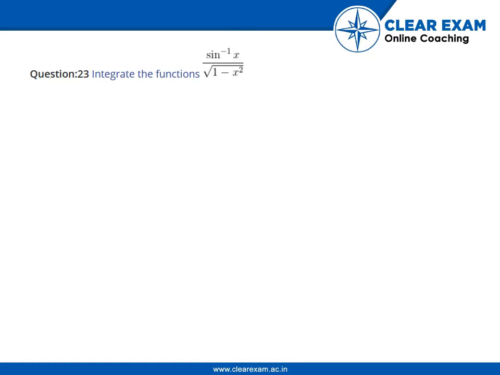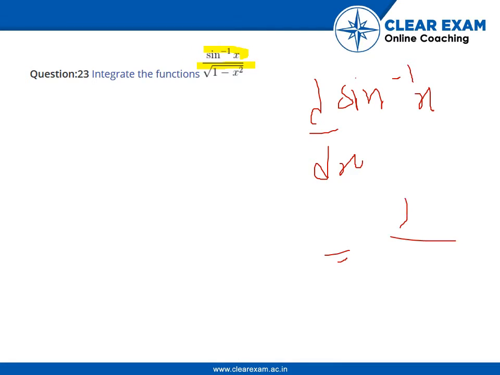The integrand is something like this. Let me highlight it for you. The integrand is sine inverse x upon root of 1 minus x square. And if I see it, I immediately get an idea that the derivative of sine inverse x with respect to x is 1 upon root of 1 minus x square, isn't it?